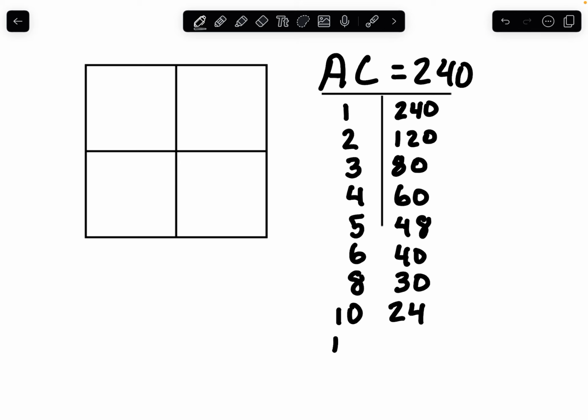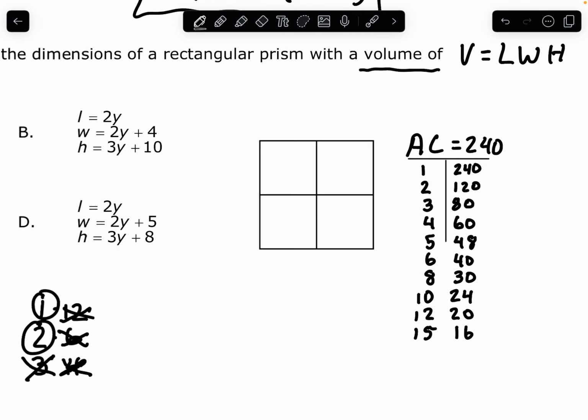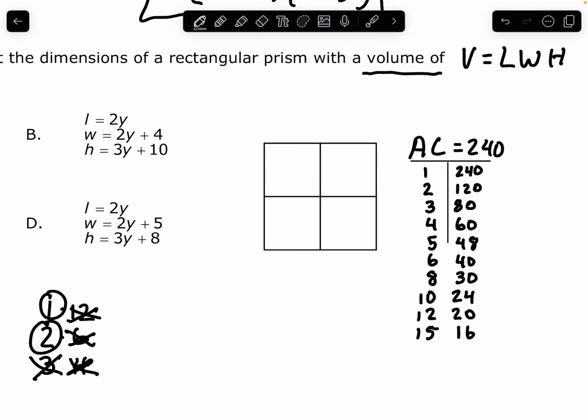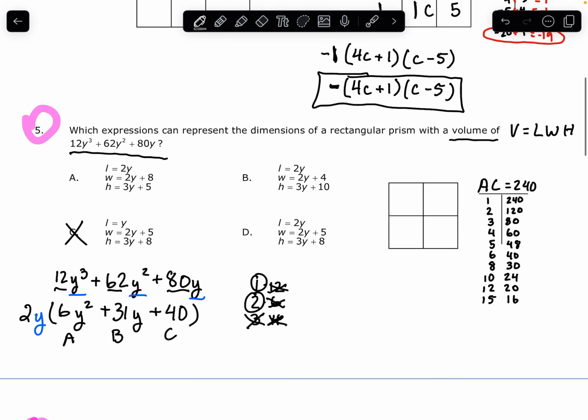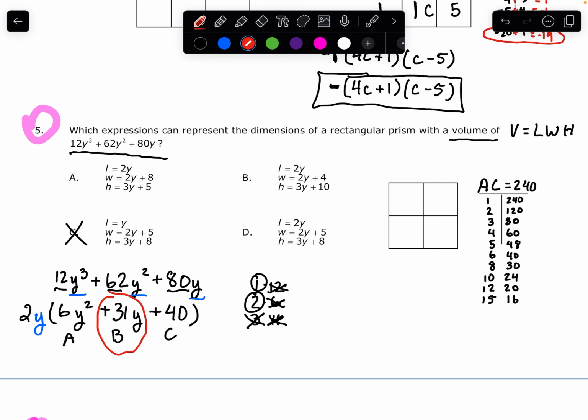If I keep scrolling, I have 12 and 20. And then I have 15 and 16. And then it kind of switches over to 16 times 15. So I'm going to stop right there just so I don't have to write any more. I'm looking for a b value of 31.